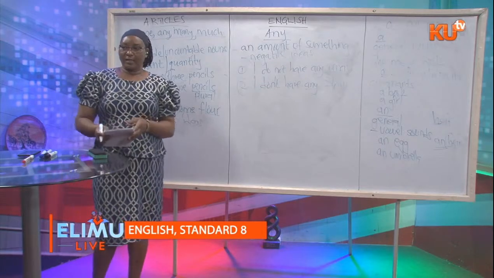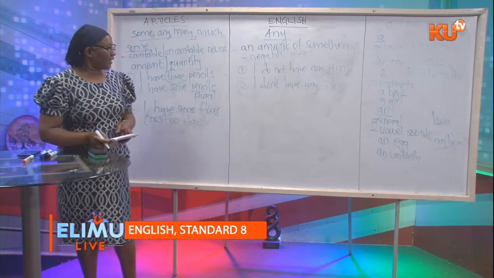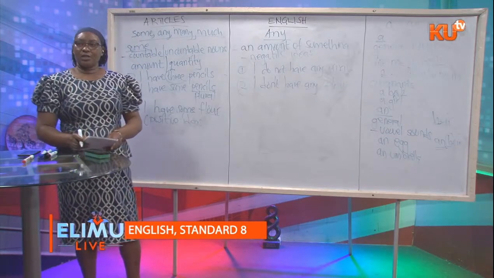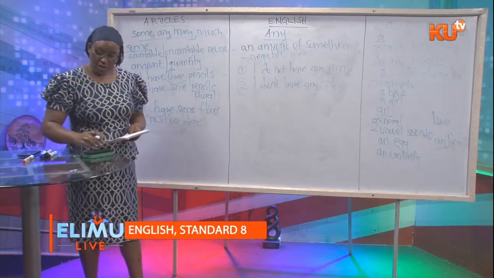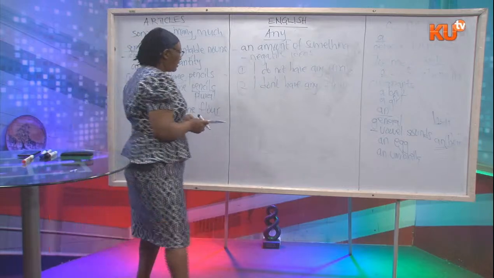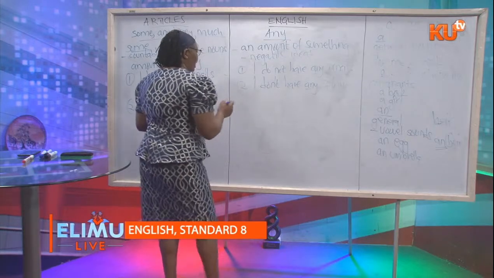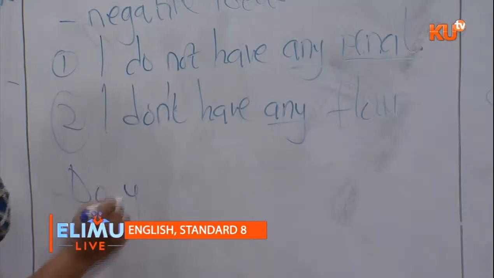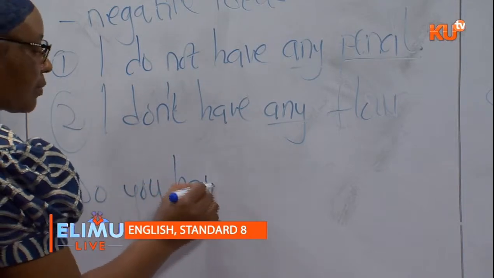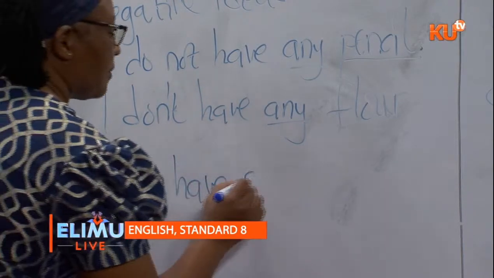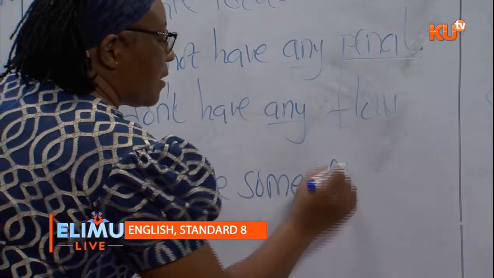Now both the word some and any can also be used to ask questions. So they can be used interrogatively. For example, if somebody asks, do you have some flour?